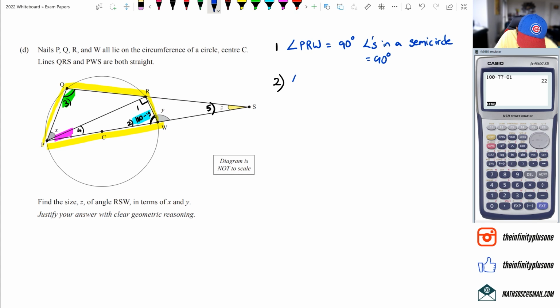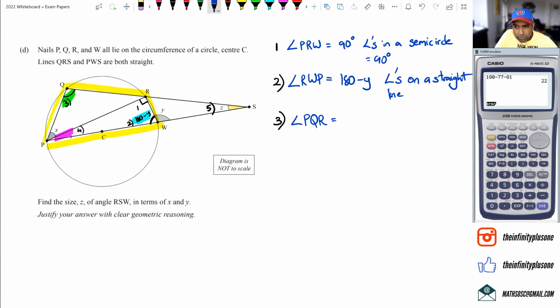So we can say angle RWP equals 180 take away Y, because that is angles on a straight line. Then we're going to go to angle 3, which is colored green in the top corner. That one is going to be angle P. We've got angle PQR.